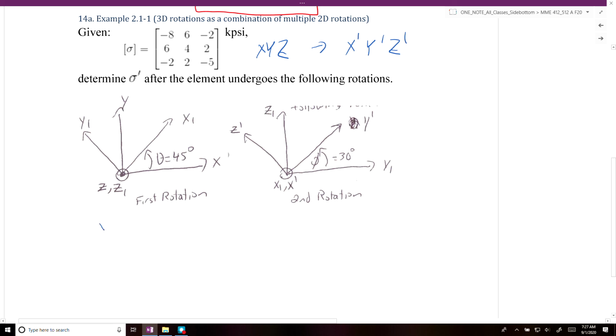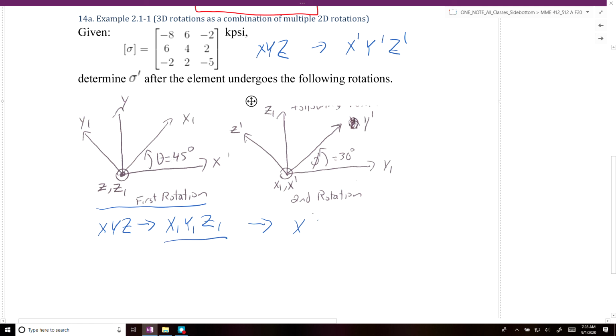So we go from the XYZ coordinate system to the x1, y1, z1 coordinate system due to the first rotation. And then the second rotation, we go from the x1, y1, z1 coordinate system to the x prime, y prime, and z prime coordinate system.